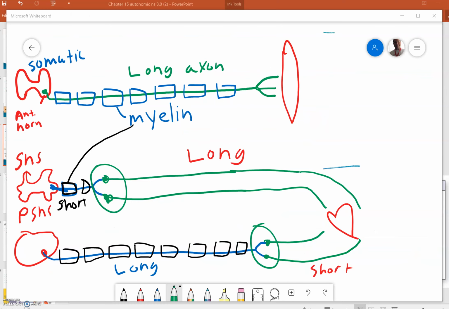So if we go over here, these myelinated axons are the pre-ganglionic axon. So I'm going to write pre. So those are the pre. Then these axons over here, P-O-S-T, are the postganglionic axons, and there's the ganglia.